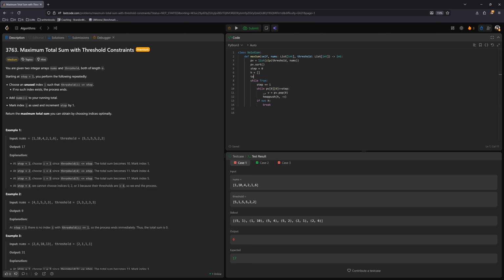And TOT is 0. If not h, then break. Otherwise, TOT, what are you doing? Minus equals, I guess, heap pop of not v, of h. And then just return TOT like that.